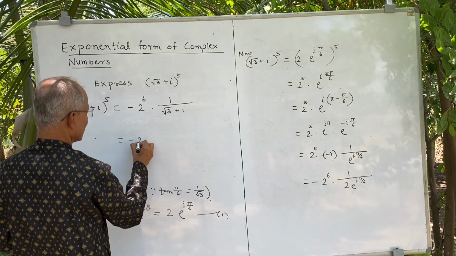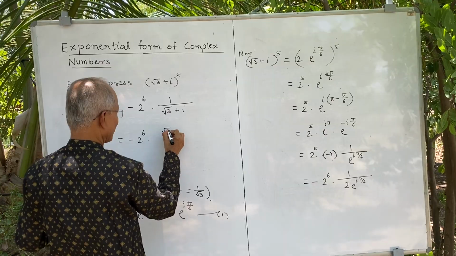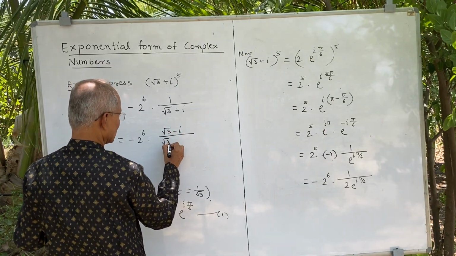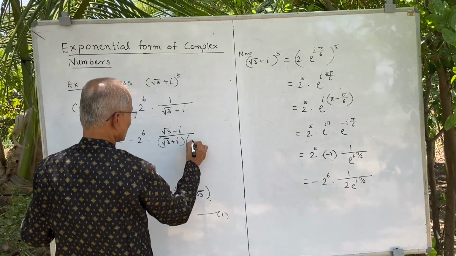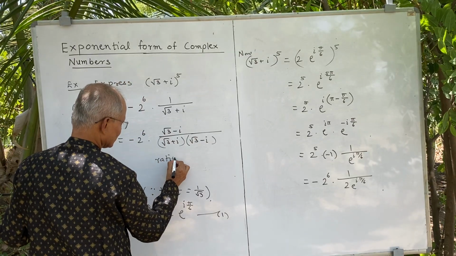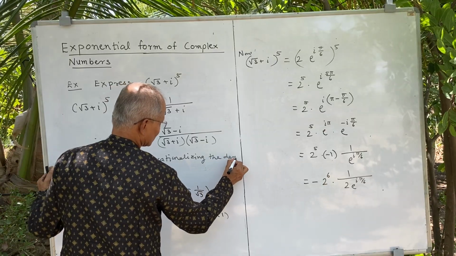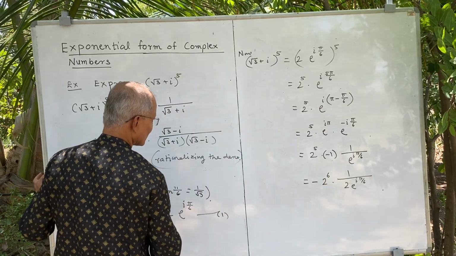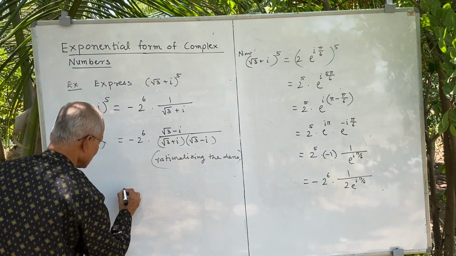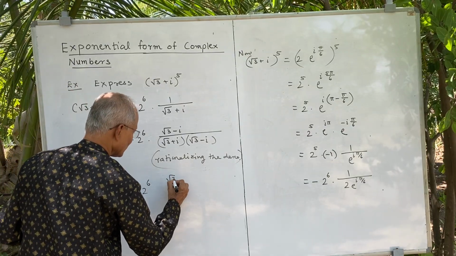Now we shall rationalize the denominator. We have to multiply by its conjugate, that means root 3 minus i, so root 3 plus i into root 3 minus i. Rationalizing the denominator, this further becomes minus 2 power 6 into root 3 minus i.